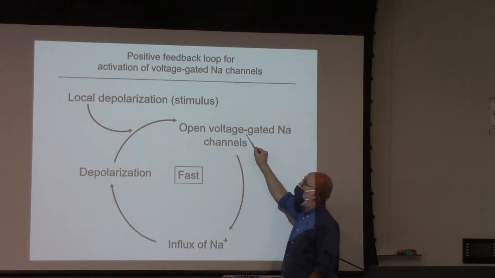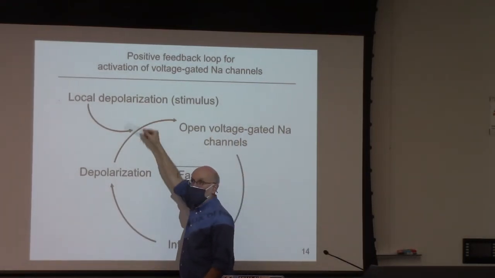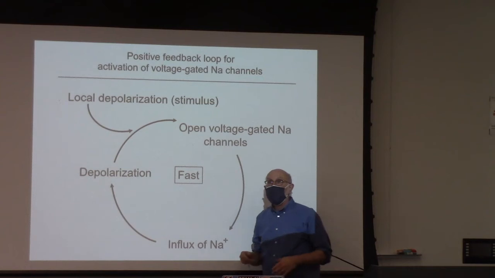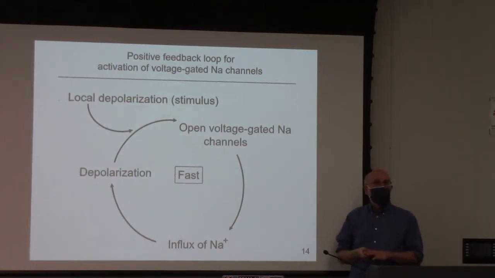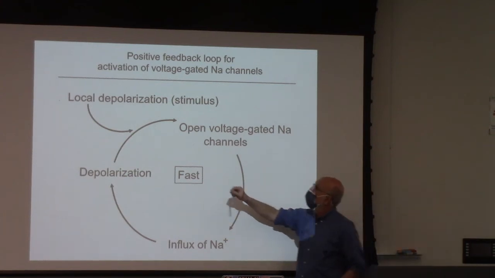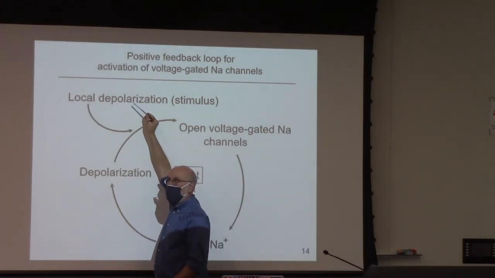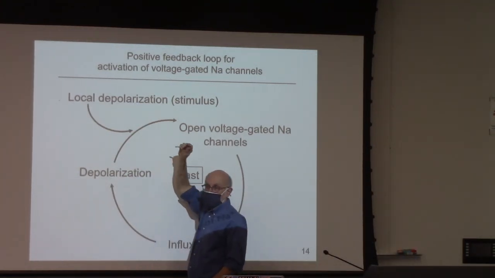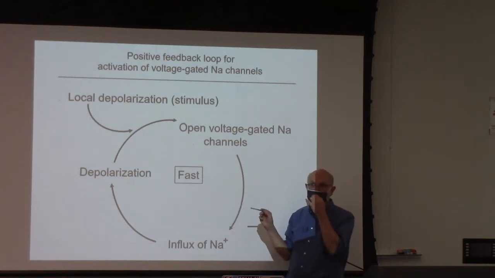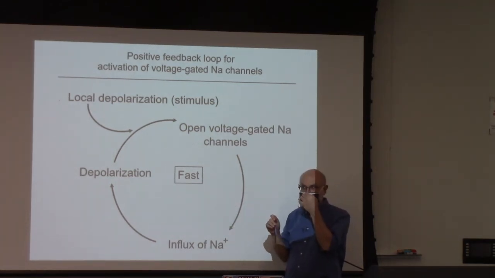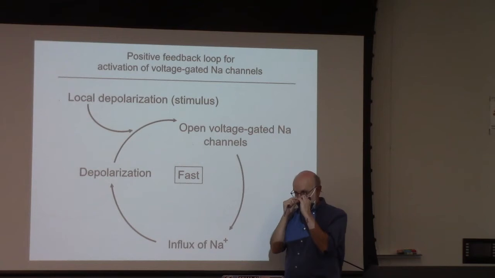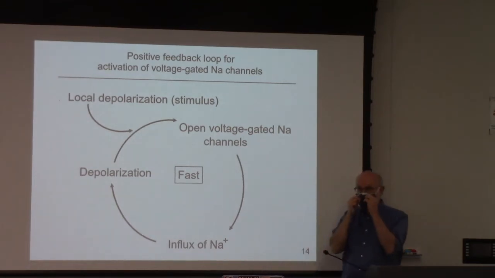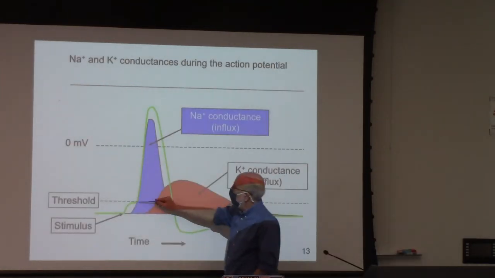They're very quick to respond to depolarizations. They have evolved to be rapid detectors of depolarization, and they open fast. Ion flux is fast. So this feedback loop runs very fast, and in less than a millisecond, we go from here to here.